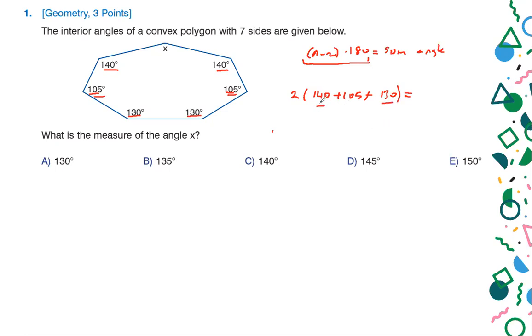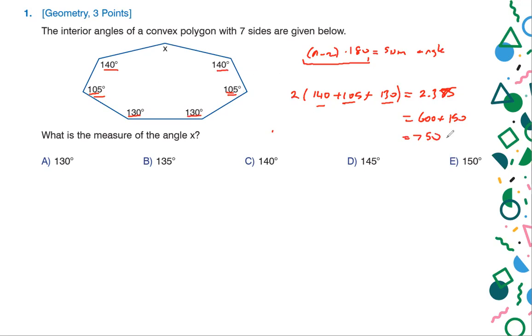If you add these, that's 270, plus 105 is 375, okay, 2 times 375. Let me double check. So 270, actually it's 75. If you multiply by 2, you will get 2 times 300, 600, and 2 times 75 is 150. So we have 750.